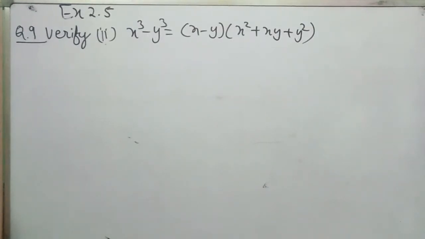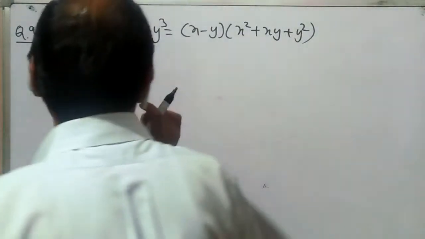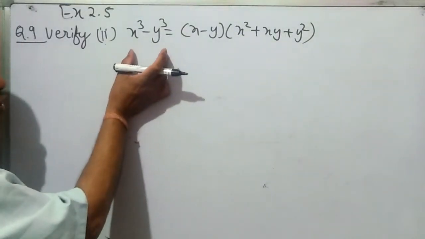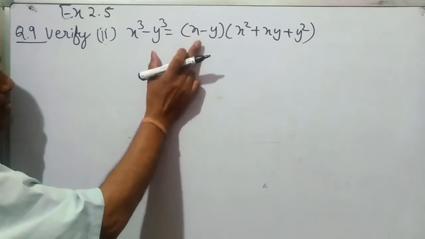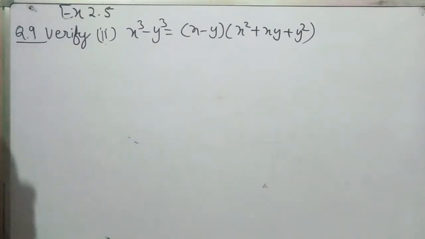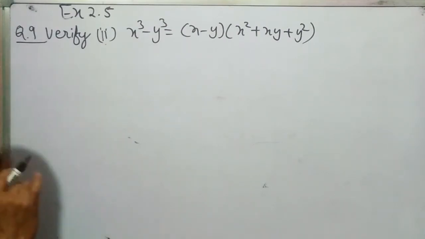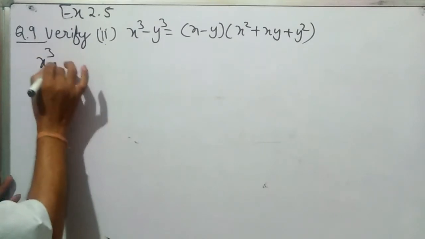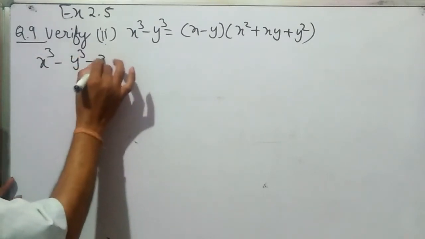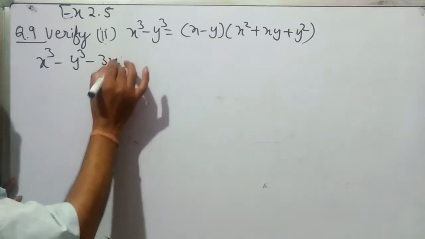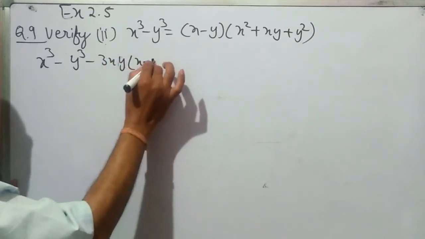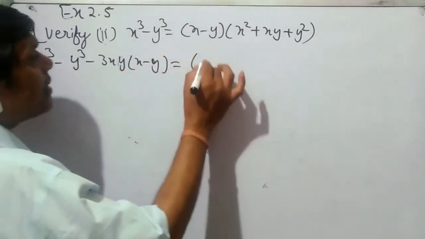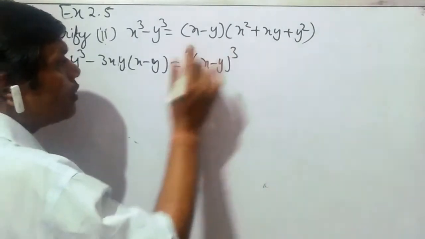The second part of this question is you have to verify the difference of the cubes: x cube minus y cube as x minus y multiplied with x square plus xy plus y square. Again, using the identity, what we can do? We can use the identity x cube minus y cube minus 3xy multiplied with x minus y, that is x minus y whole cube.